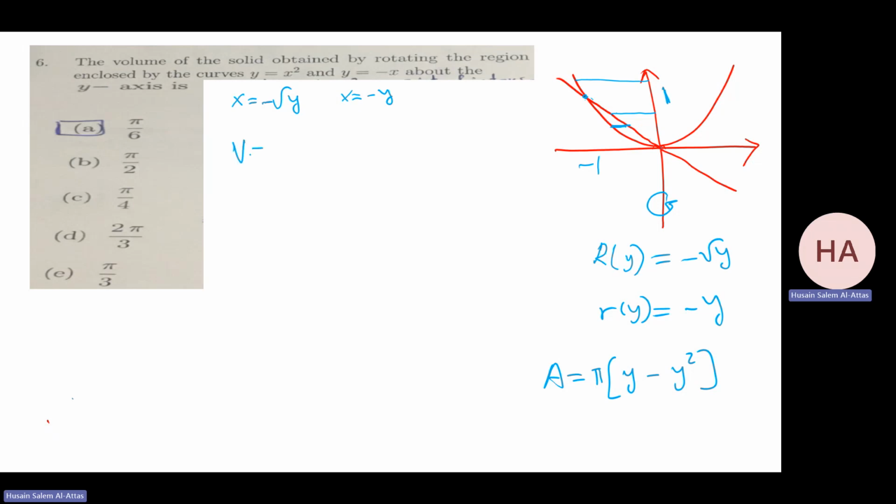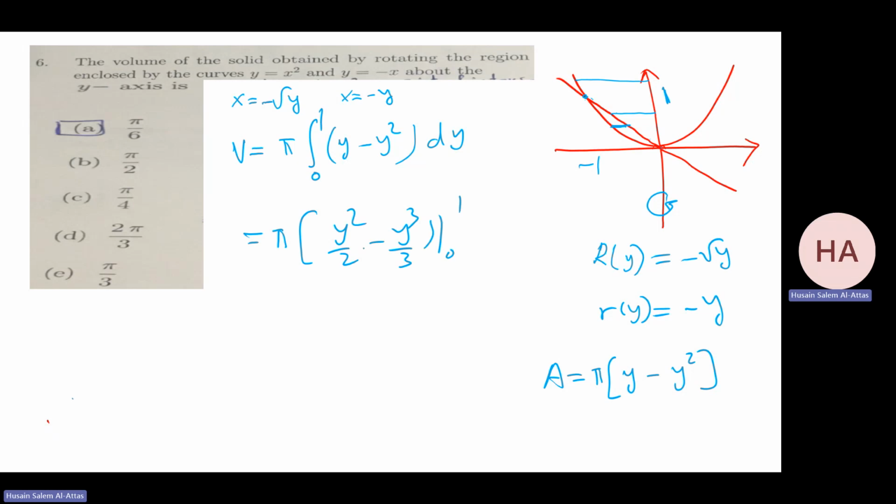So the volume is pi times the integral from 0 to 1 of y minus y squared dy. So it's pi times y squared over 2 minus y cubed over 3 from 0 to 1. That gives me pi times half minus 1 over 3. That gives me pi times (3 minus 2) over 6, which is this.